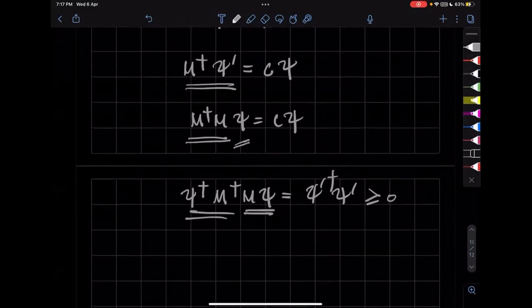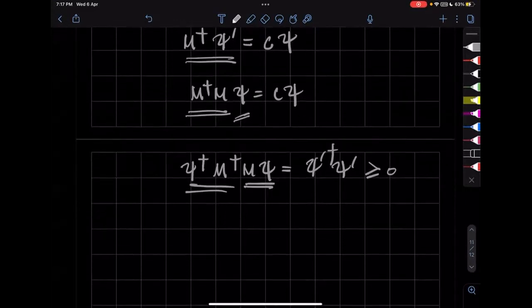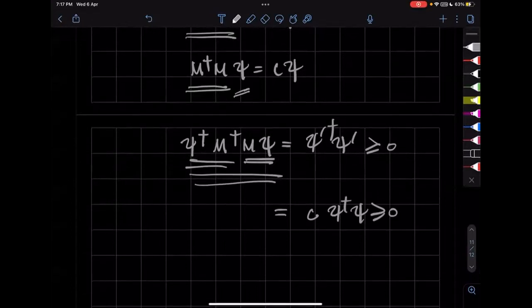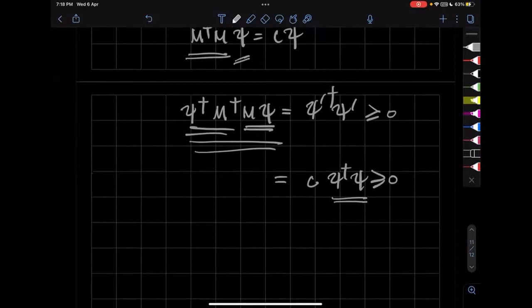And so from this equation, we have C psi dagger psi greater than zero. Obviously we're assuming psi to be non-zero, not just non-zero, positive.